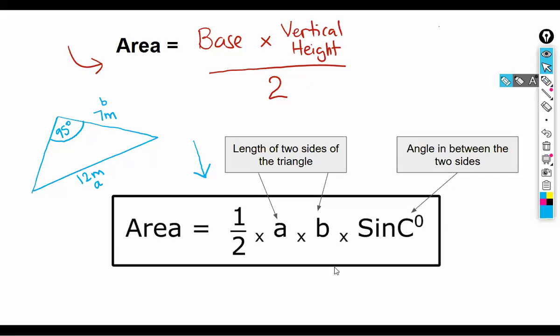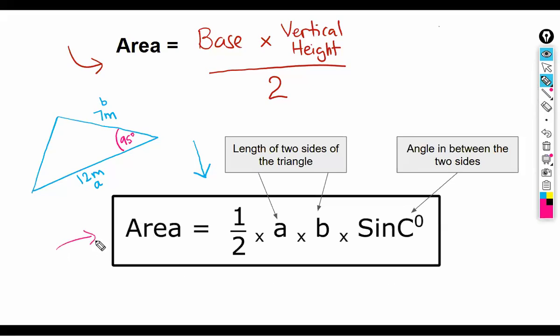The answer is no, because this 95 degrees is not in between the two sides. If I had put the 95 degrees here, now you could find the area of the triangle. You have the length of two sides, A and B, and capital C, which you always consider to be the angle in between the two sides.